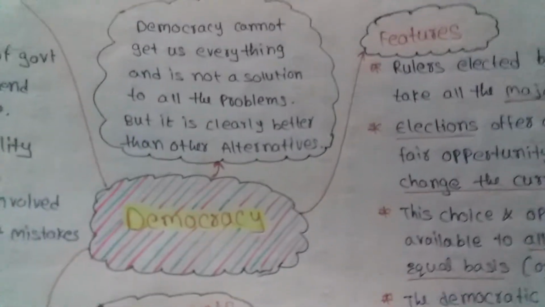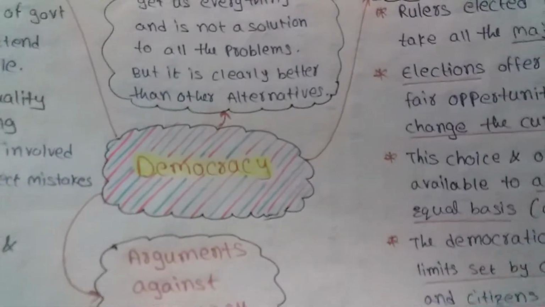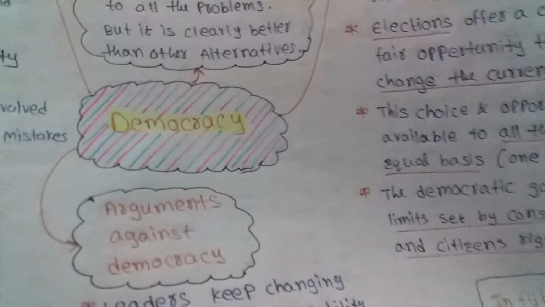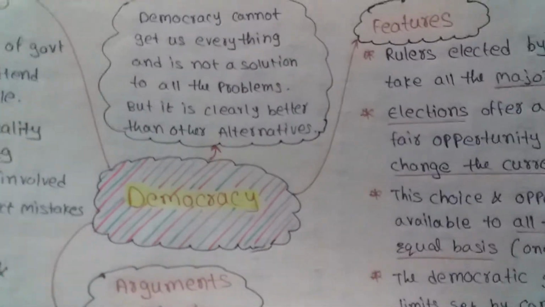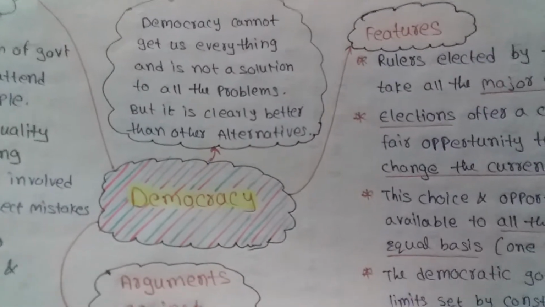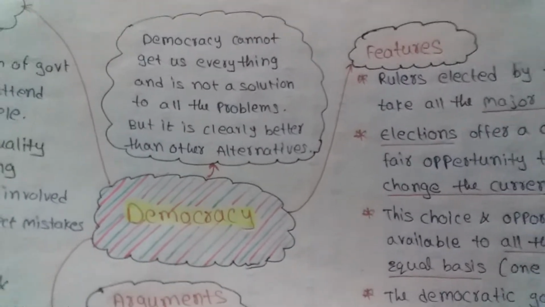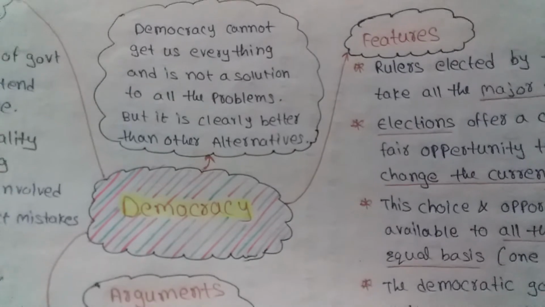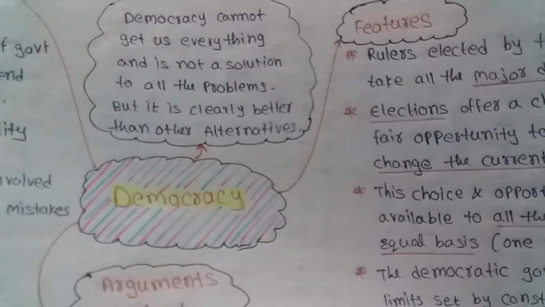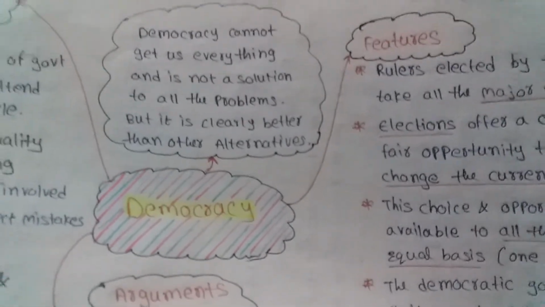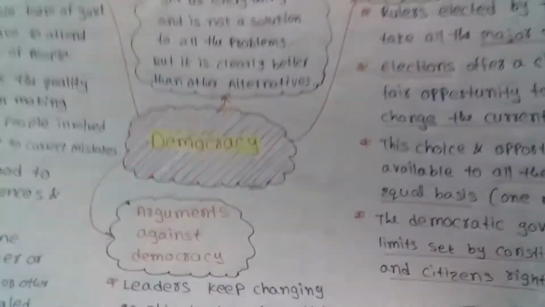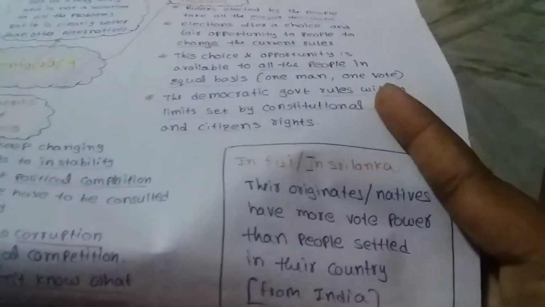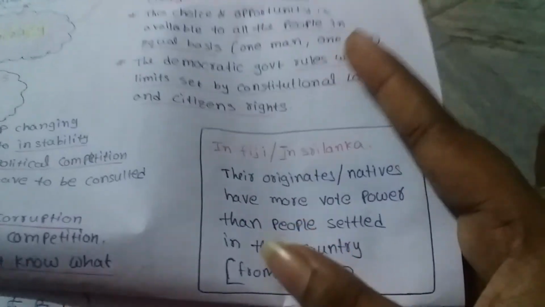So finally we can say that democracy is not the best option, but it is better than other options available, like monarchy or military government or religious leaders, like that. So, democracy cannot get us everything and is not a solution to all the problems, but it is clearly better than other alternatives.